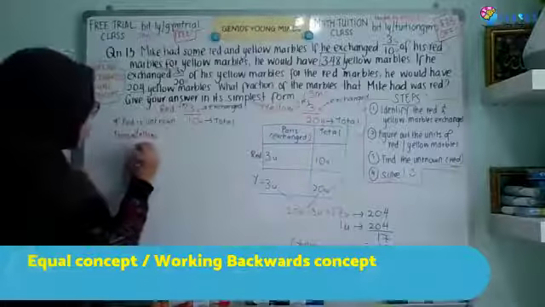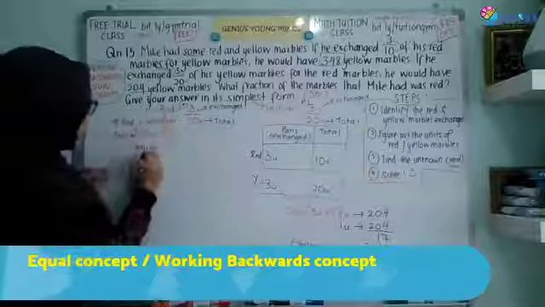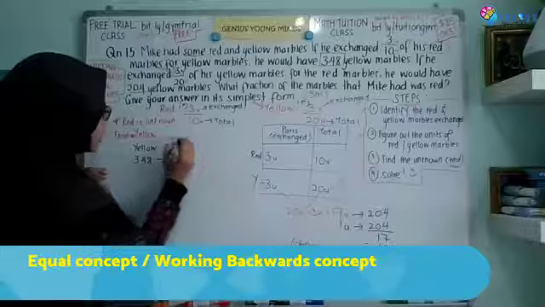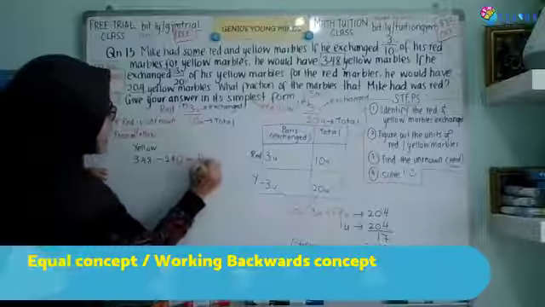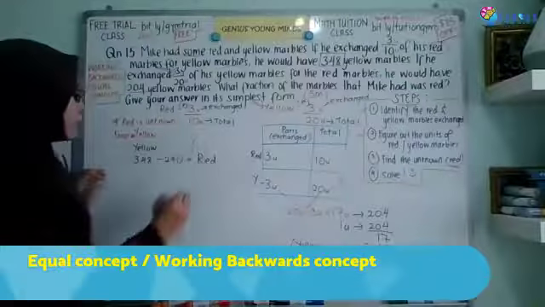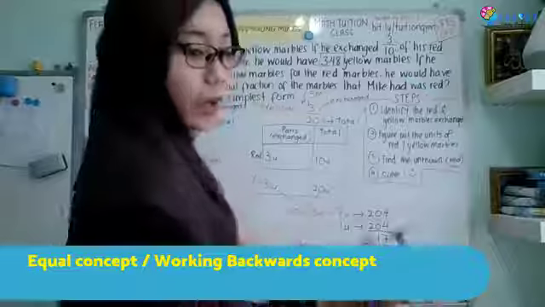So we are focusing on yellow marbles still. Yellow means I have 3 over 8 at first, minus away my 240. This will give me my red marbles. I take 3 over 8 minus 240, and that will give me 108.